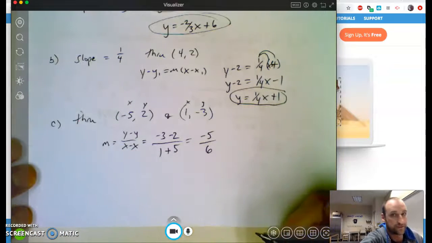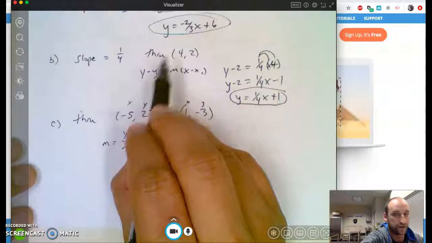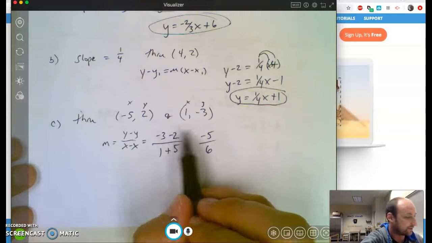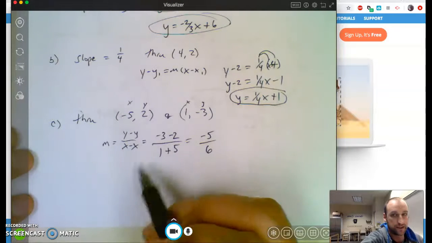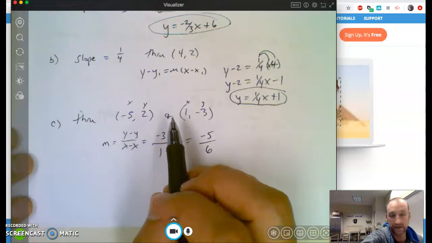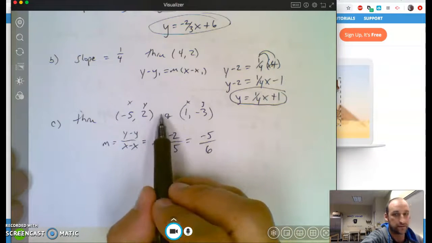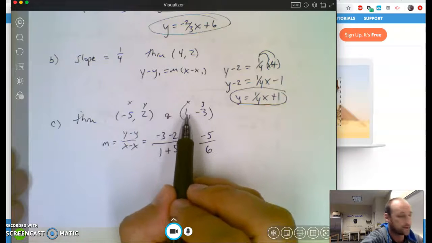Now that's not the equation of a line, because then you got to do what you did here. When you had a slope and a point, now you got a slope and 2 points. To me, it doesn't matter which one you use. I'll pick the one with smaller numbers.